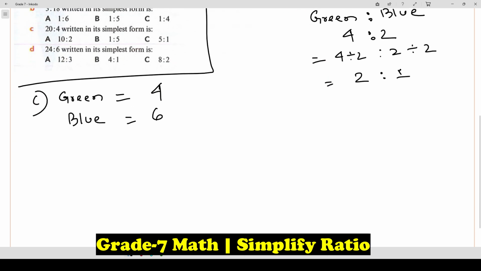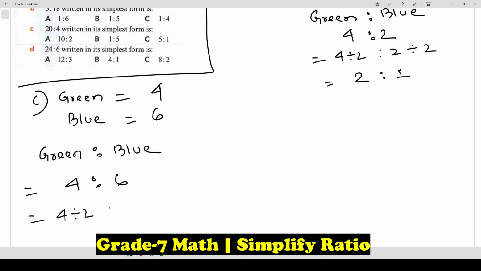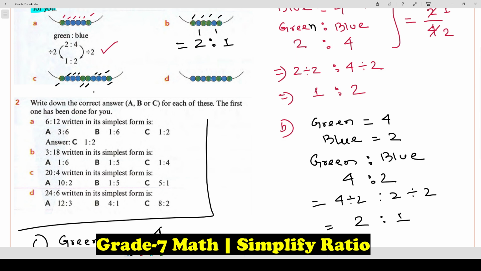So we can write green is to blue, that means 4 is to 6. Both are even numbers, so we can divide this one by 2. So it will be 2 is to 3. So here is the answer, 2 is to 3.